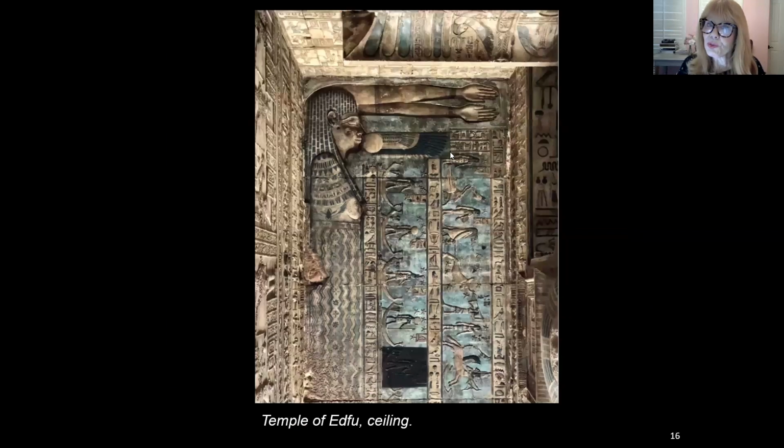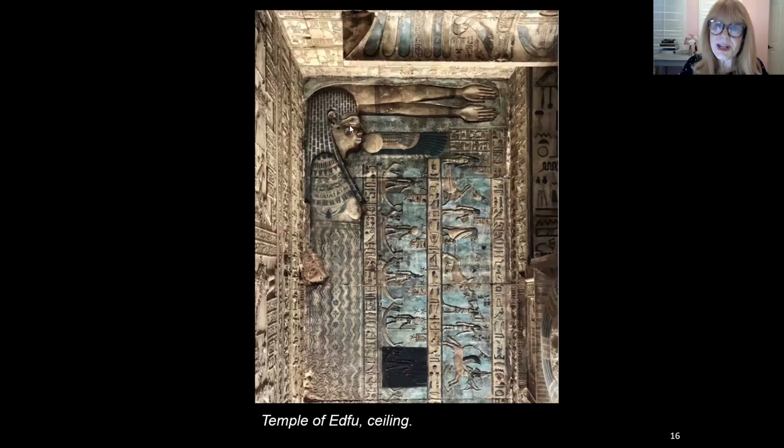And then an extraordinary section of the Temple of Edfu is the sky goddess Nut, N-U-T. Now, here is how they explained how the sun rises and then sets. The Egyptians viewed the sun as rolling across the sky, and in this mythological story, every evening she swallows the sun.